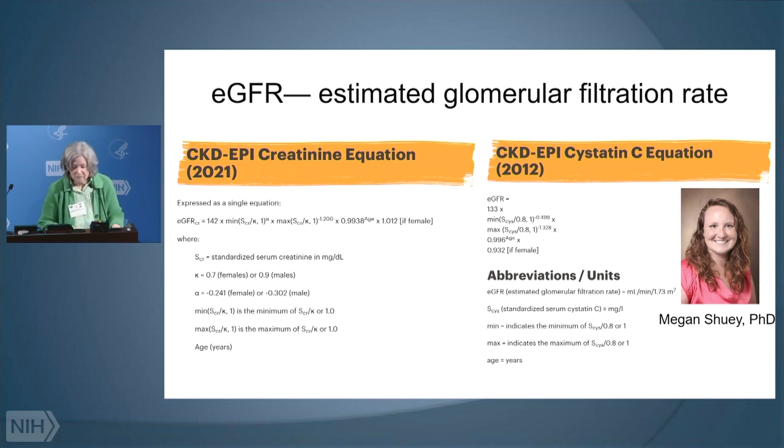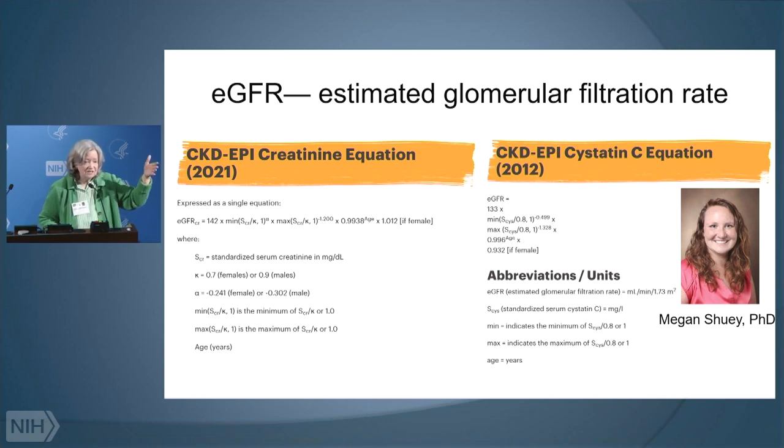One's a metabolite, one's a protein. And the equations for using this to estimate glomerular filtration really just take sex and age into account, as if the variability in circulating levels of these biomarkers was only attributable to kidney function.